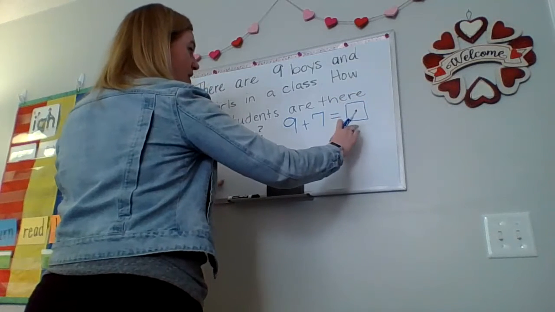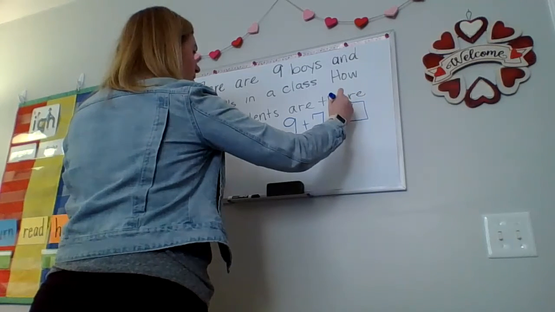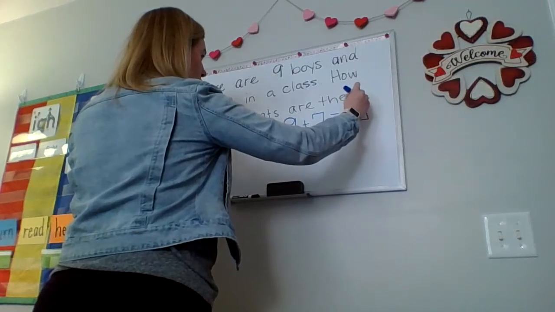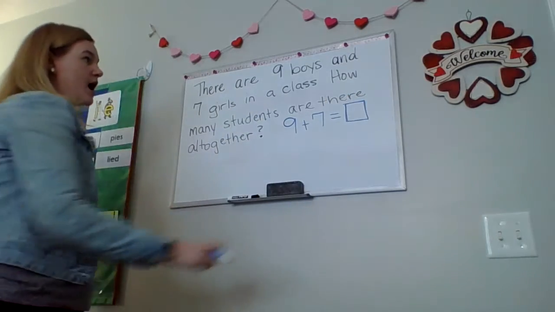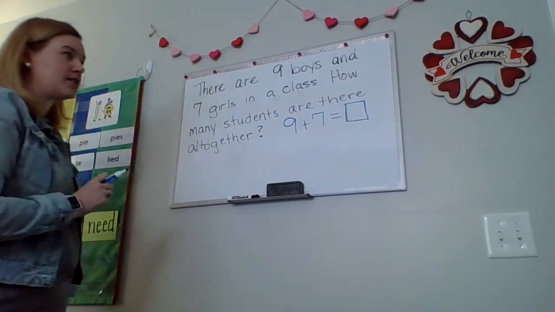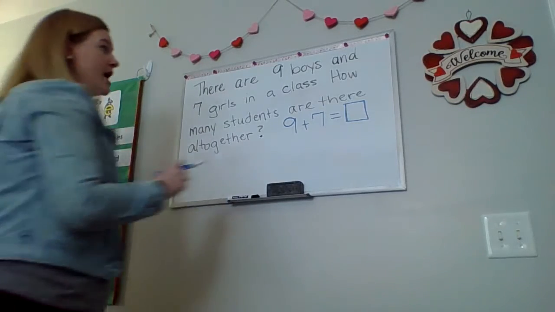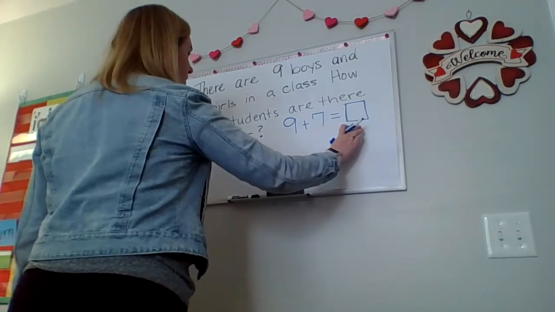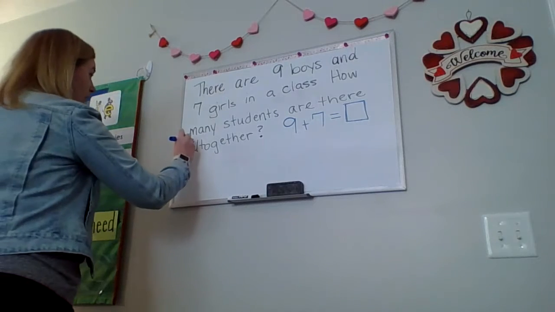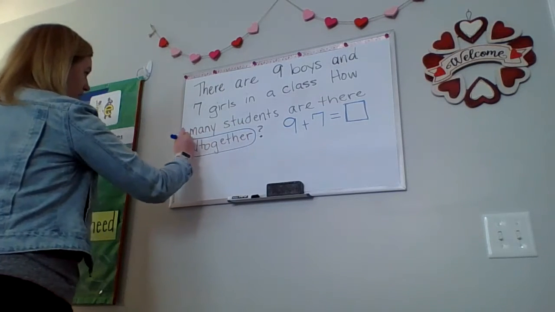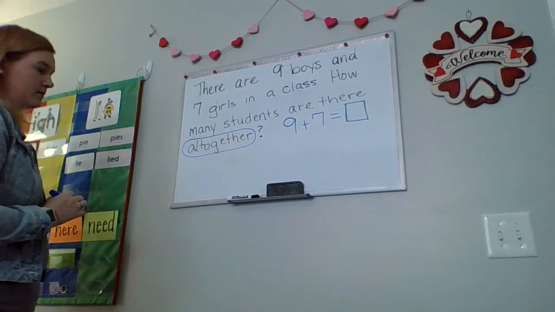And remember, we don't write the answer yet because we have to show our work. So you write a symbol for the unknown, so we typically write a box. This is 9 plus 7 equals unknown because we don't know how many there are altogether. That's what we're solving for.